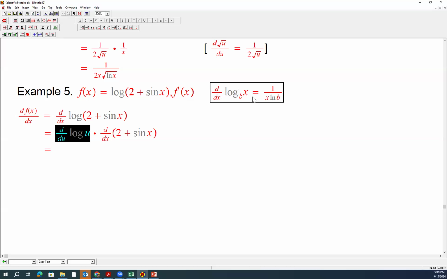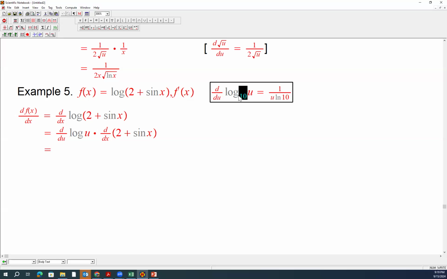So applying this formula, you can see this u and that u match. So we have this x and that x match. Now it's u, everywhere x changed to u. But base 10, so this is ln 10.